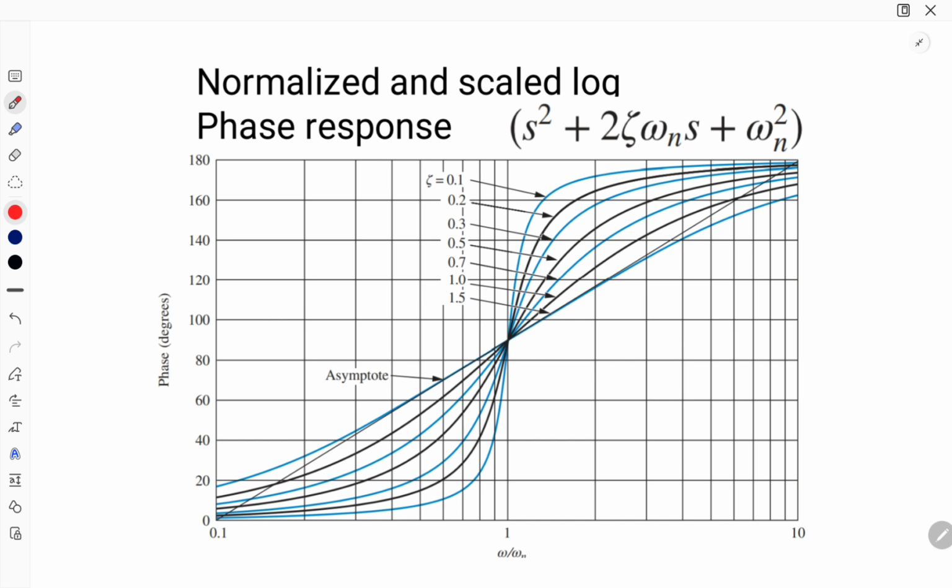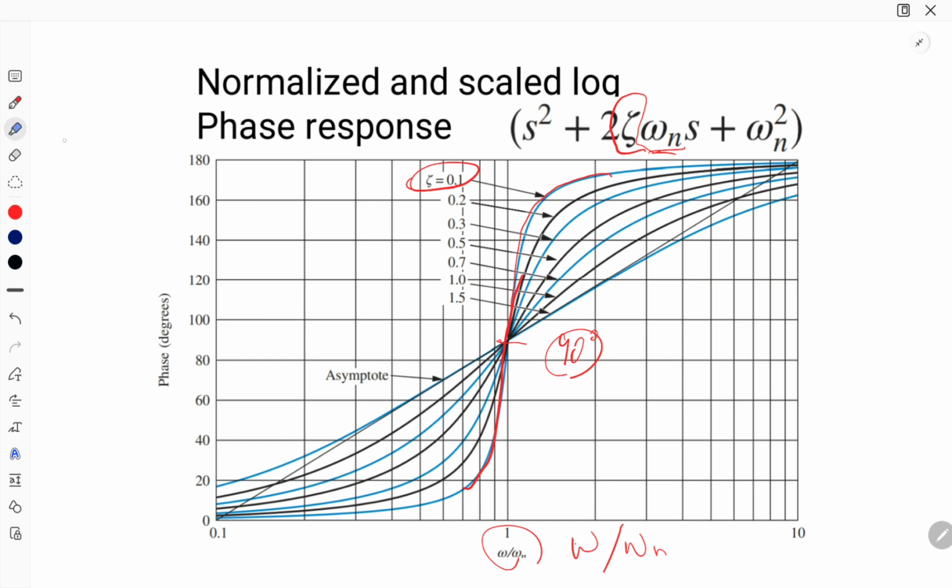Same for the normalized scale, the log of phase response, depending not on omega but on omega over omega n. It all crosses somewhere here, about 90 degree, and its damping ratio is very little, so almost like no viscosity. There's a sharp change.